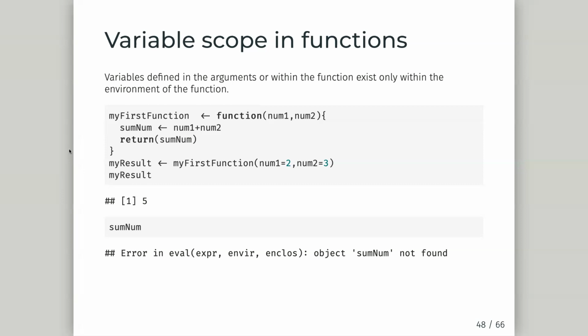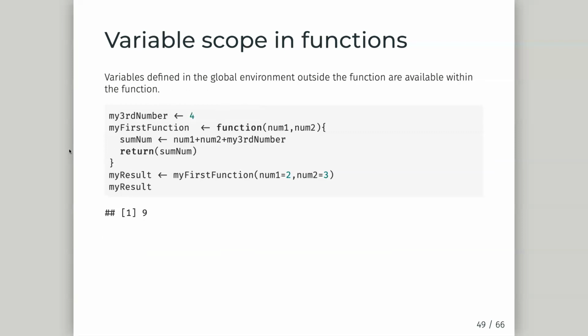But sum, if I type that in, isn't available. It was only available when this function was running, in the internal environment. I'm not creating it and putting it into the external environment, which is great. Life gets a lot more confusing when we start doing that.